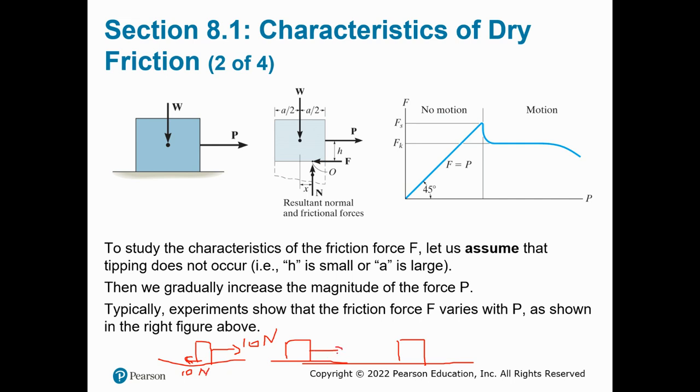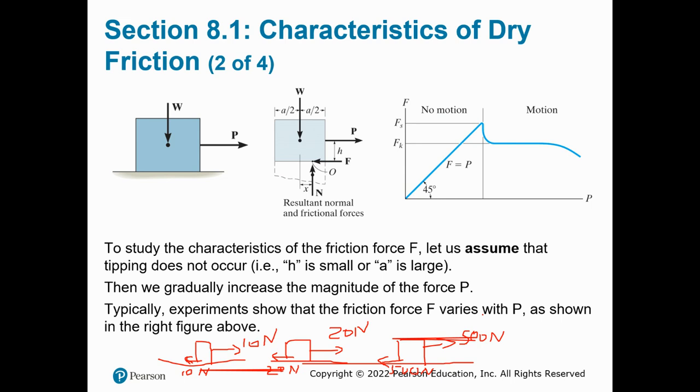If I push this box with 20 newtons of force and it's not moving, that means at the bottom the friction is 20 newtons. And if I push with 500 newtons of force and it's still not moving, then the friction at the bottom will be 500. So that's what I mean by friction force varies with P.